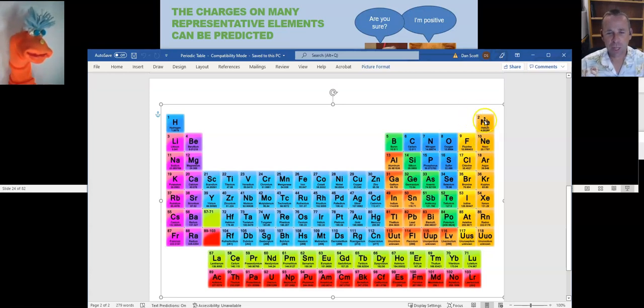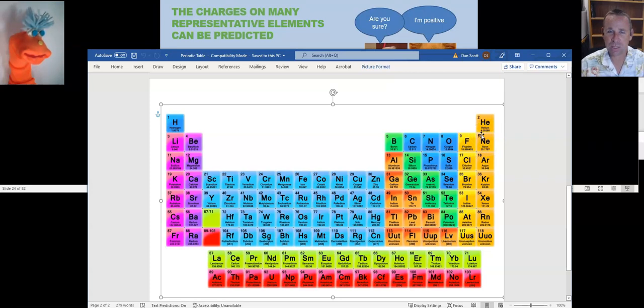And it turns out that if you have either 2, 10, 18, 36, 54, or 86 electrons, 118 in the future, when we find that element, your atom, your situation becomes significantly more stable, okay? And so, for example, fluorine, how many electrons does fluorine have? 9. Good, 9 electrons. And if it had one more electron and could have the electron configuration of neon, all right?